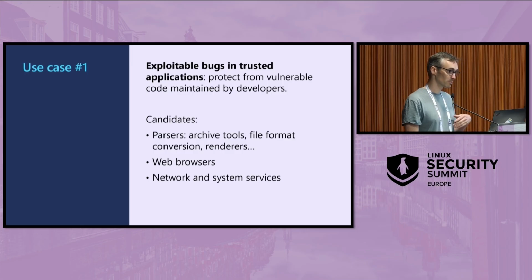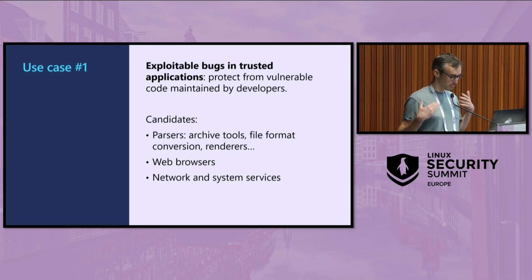For instance, by default on Linux, when you launch an application, it has access to all your files, but that obviously might not be needed. If you just want to view a picture, this picture viewer doesn't need access to all your SSH keys, private documents, company documents, and so on.